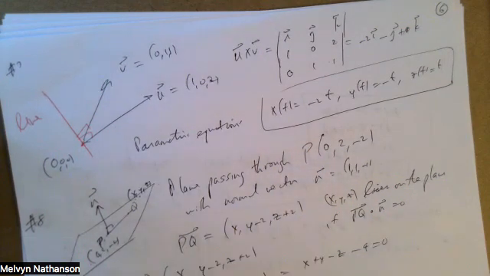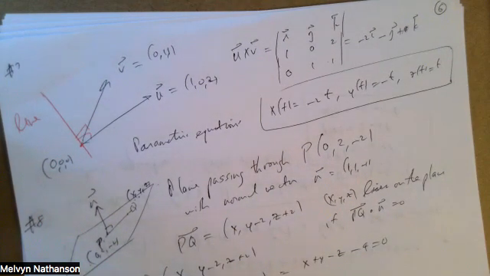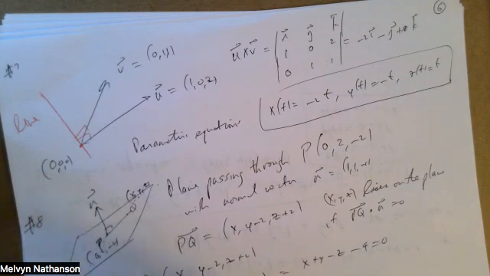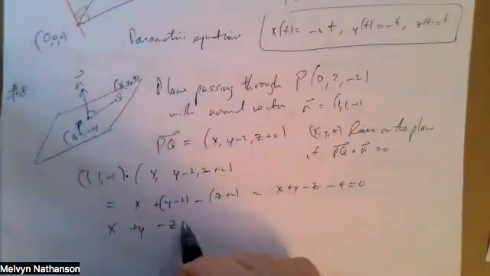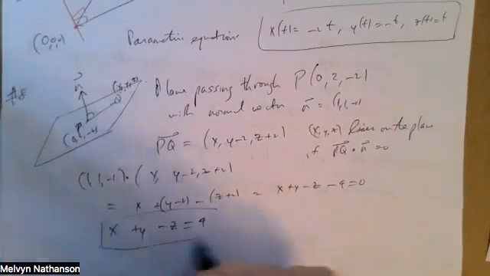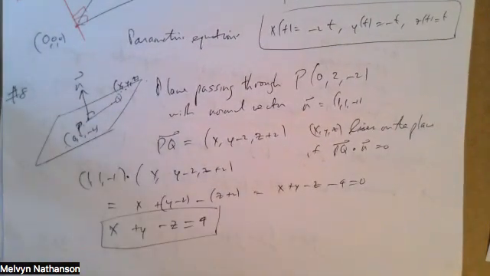We want that equal to 0, or x plus y minus z equals 4. So that's the equation of the plane. The point 0, 2, minus 2 satisfies this equation, and any point that satisfies this equation lies on the plane.